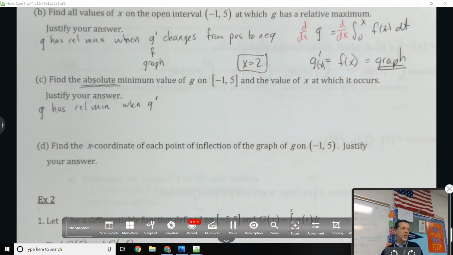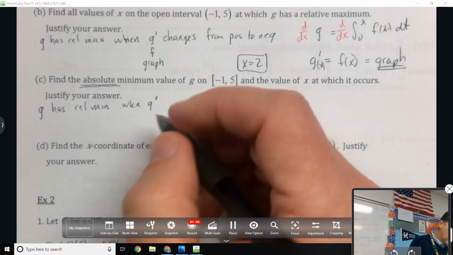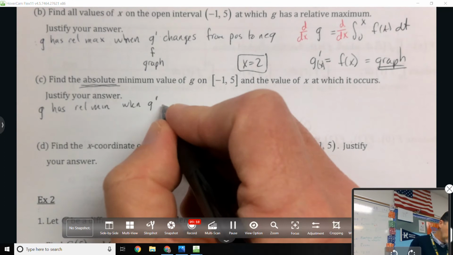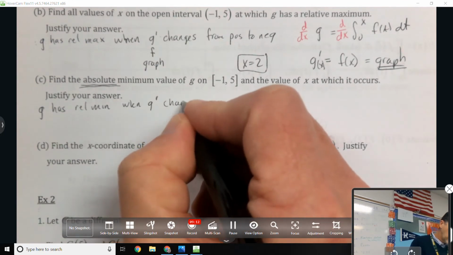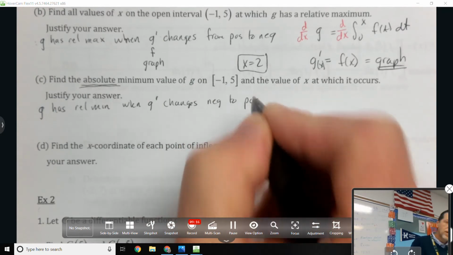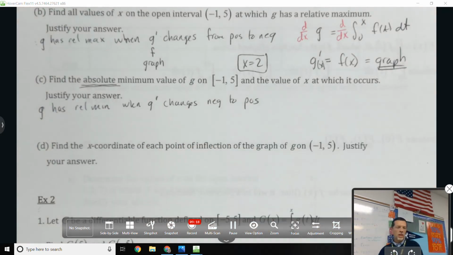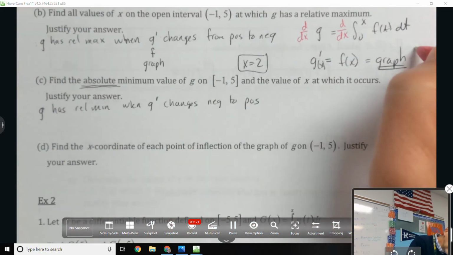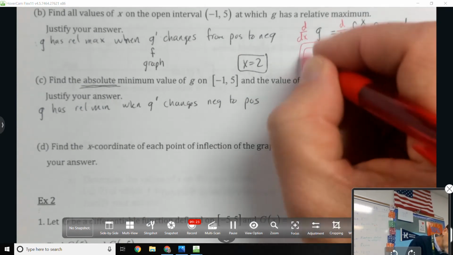Absolute min means check the endpoints. But we also need to check the relative points. Good catch. G has a relative min when G prime changes negative to positive. But we already figured this out. I should box this because this seems important.